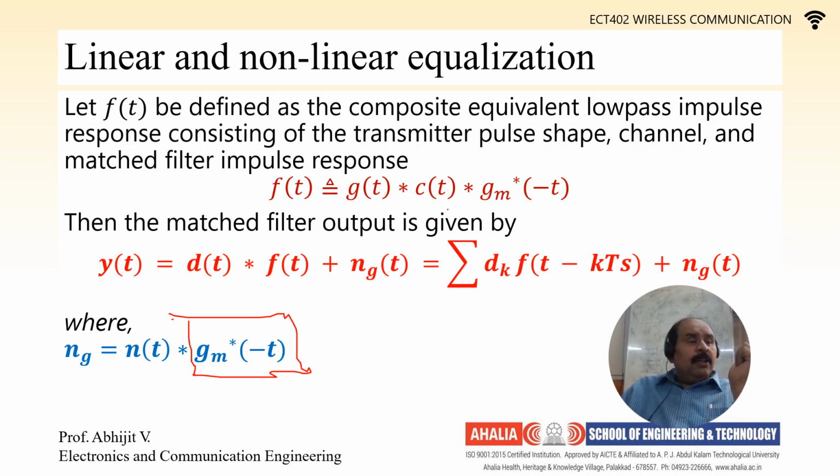Here we define n_g(t) as the output after the noise reaches the matched filter, and the output is taken to be y(t), so it includes the matched filter response also.